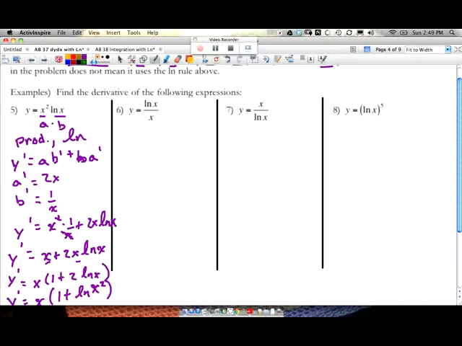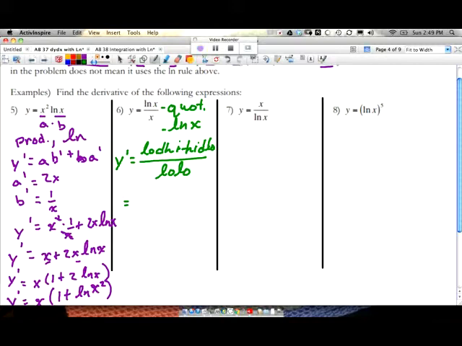Okay, now what do we got? We got quotient rule, and of course we're dealing with natural log all day today. So natural log of x, we got to deal with both of those. Okay, so quotient rule, that's not too hard. Y prime is the low d high minus the high d low all over the low squared.